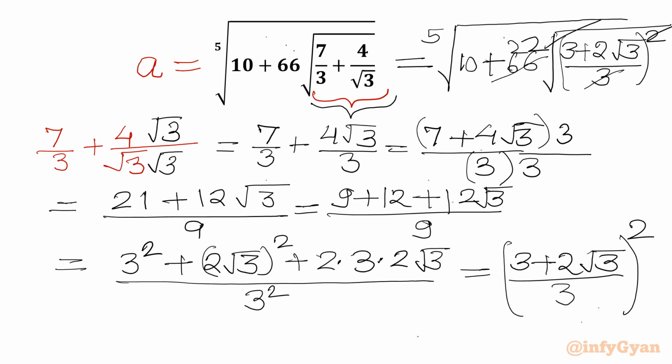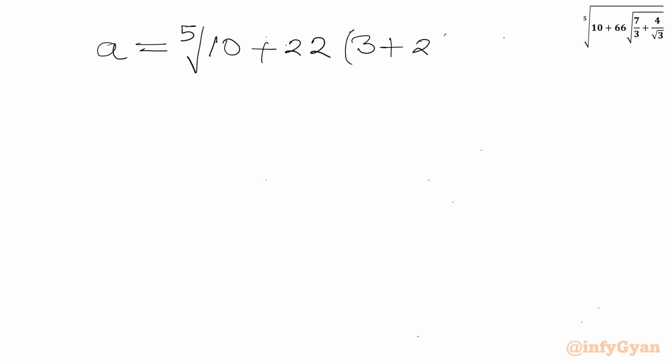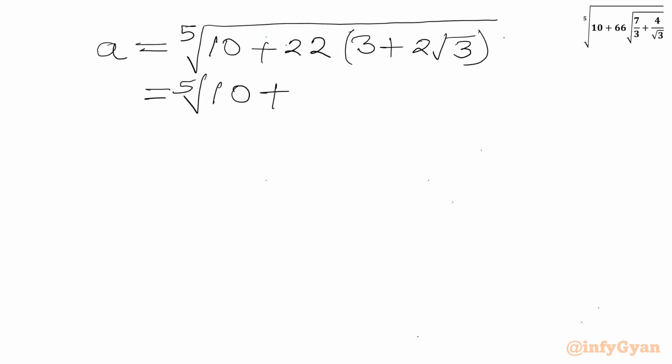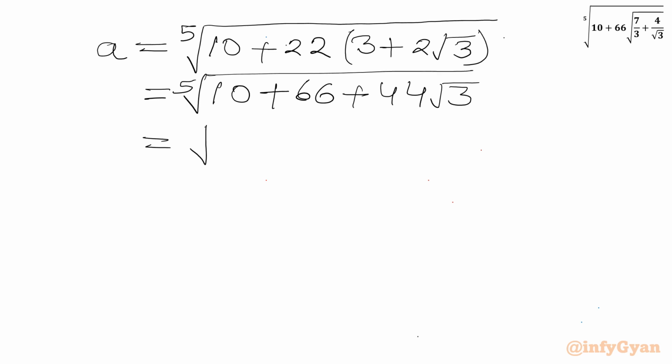So I can write the fifth root of 10 plus 22 times 3 plus 2 root 3. Or we can write the fifth root of 10 plus 66 plus 44 root 3. Or I can write it as the fifth root of 76 plus 44 root 3.